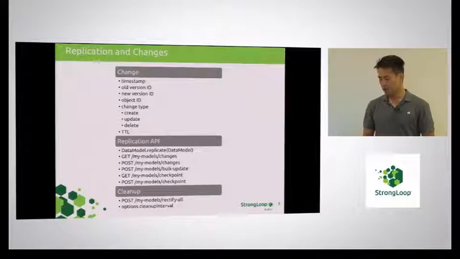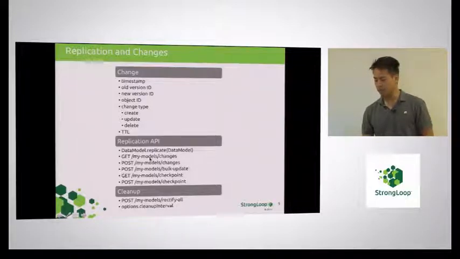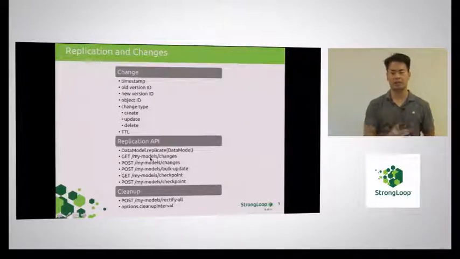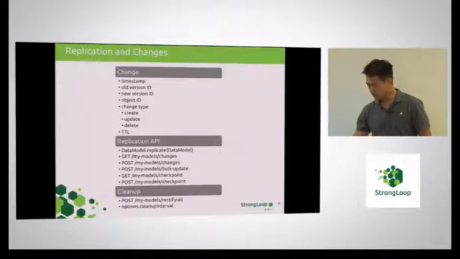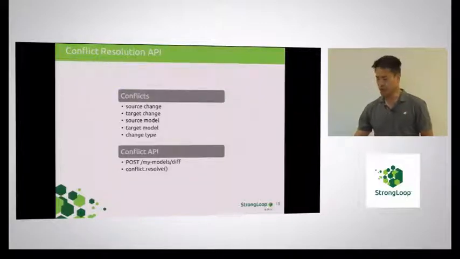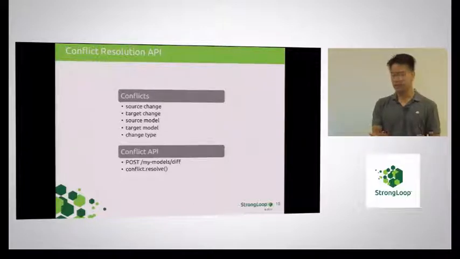Our replication API is a Node API with its REST counterparts. So for example, I can call get my model changes and get back the changes that have happened on the server or on the client, depending on where you're running. The conflict resolution is the same, so we have source versus target, and again, this is independent, or isomorphic, against where you're running, whether it be on browser versus server.